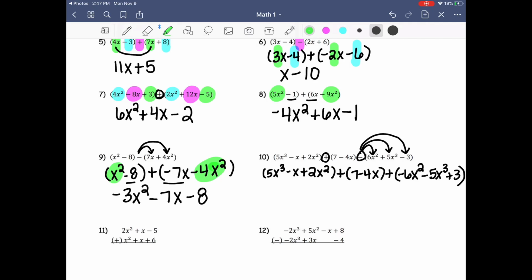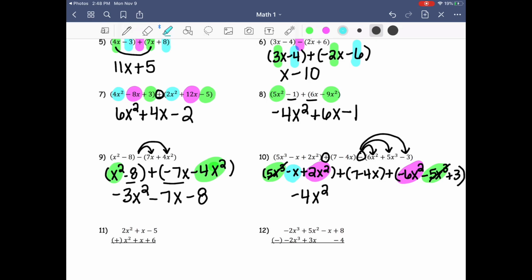And now we're going to identify our like terms. Now for this one, we're actually starting with a higher exponent, so we have x cubed. So I have 5x cubed and negative 5x cubed. So that's actually going to equal 0, so those are going to go away. All right, for my next one, I have 2x squared and negative 6x squared, so that's going to give me negative 4x squared.